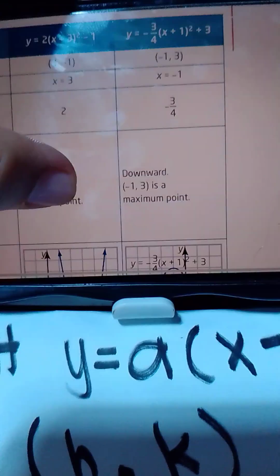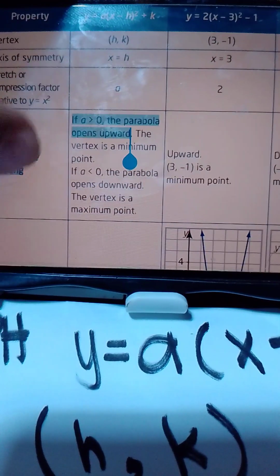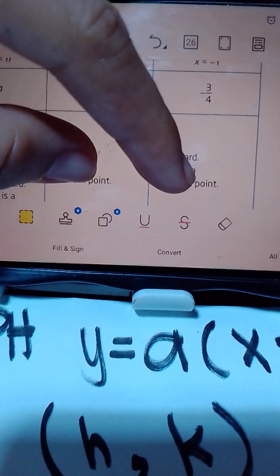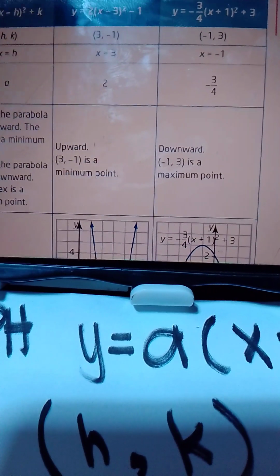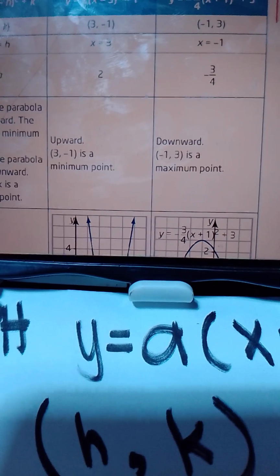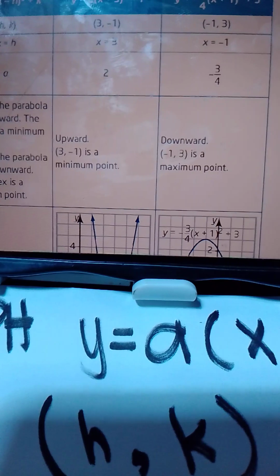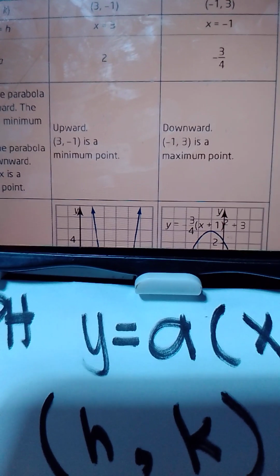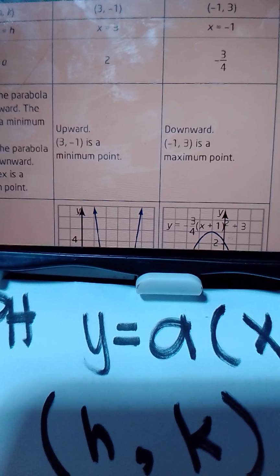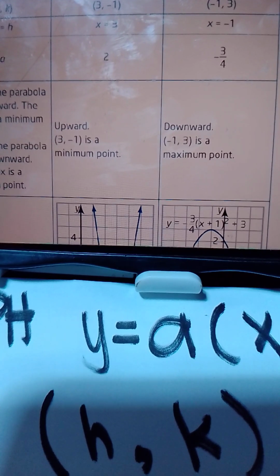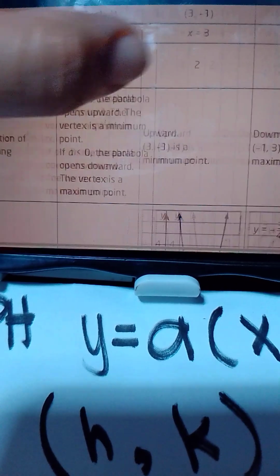And if our a, for example here negative 3/4, is less than 0, automatically, if your a has a negative sign, the parabola opens downward. If we have a downward parabola, the vertex is called a maximum point.